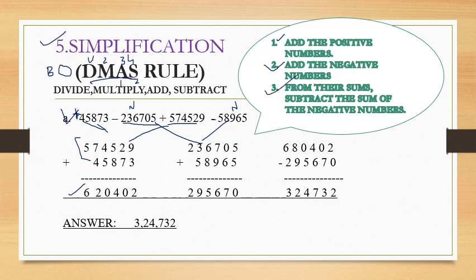From the sum of the positive numbers, subtract the sum of the negative numbers. Which one is bigger here? Obviously the addition one. So we will write it here, and the second number you will subtract. After subtraction you will get the answer 3,24,732. This is your final answer.